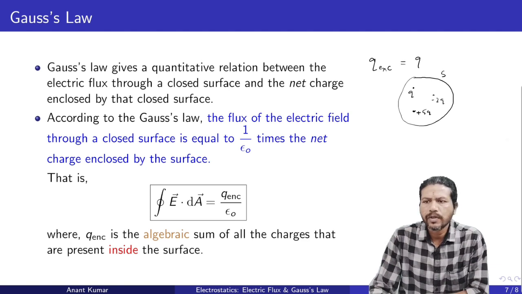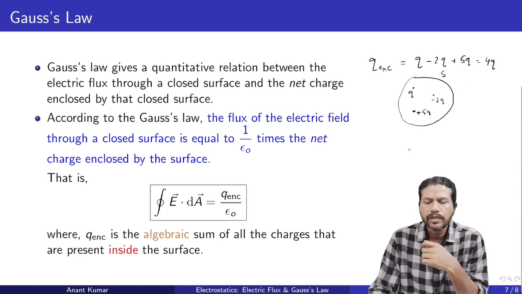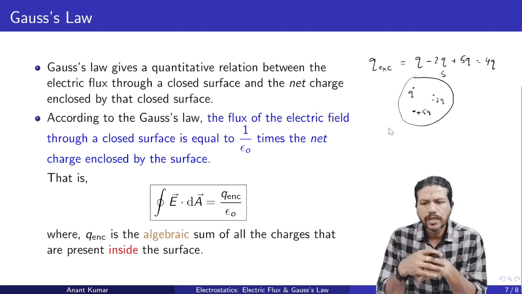So I'll have Q minus 2Q plus 5Q, and that will give us 4Q. So this becomes the enclosed charge. Basically the enclosed charge is the sum total of all the charges, together with the sign, which are inside the surface.